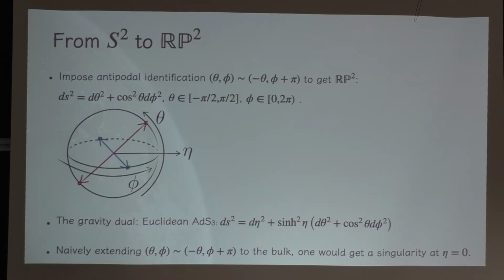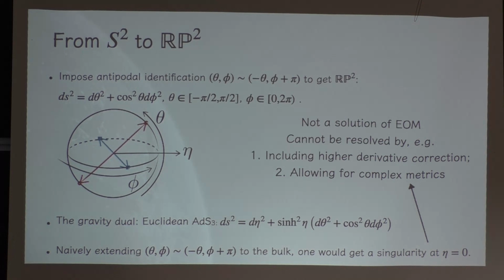Okay, let us then very naively squash this two-sphere into an RP2. Then, of course, there is an identification on the two-sphere in order to get this RP2. One thing you can guess is that maybe you can extend this Z2 identification deep into the bulk. But by doing that, you will get a singularity at the very center of the bulk.